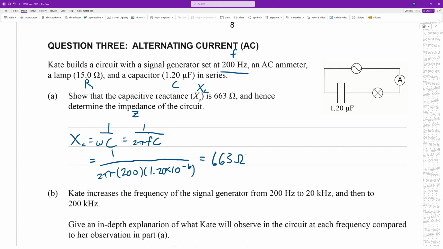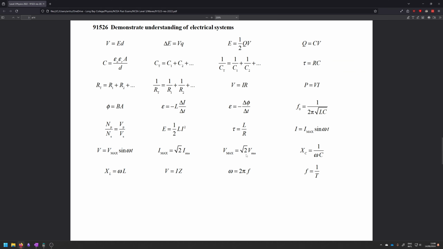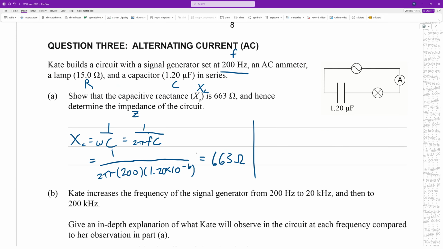Cool. Now that we have the reactance of the capacitor, we can find the total impedance. The total impedance depends on both the resistance and the reactance. But unlike a DC circuit for resistors where you just add the resistances, we need to do a vector sum, right?